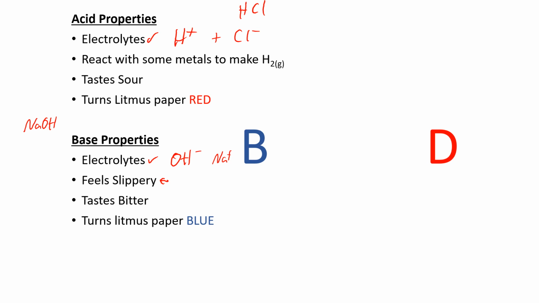That's why we don't typically use basic things for cooking, and they typically turn litmus paper blue. The way I like to remember that is if litmus paper turns blue, it's a base, and if it is red, it's an acid.